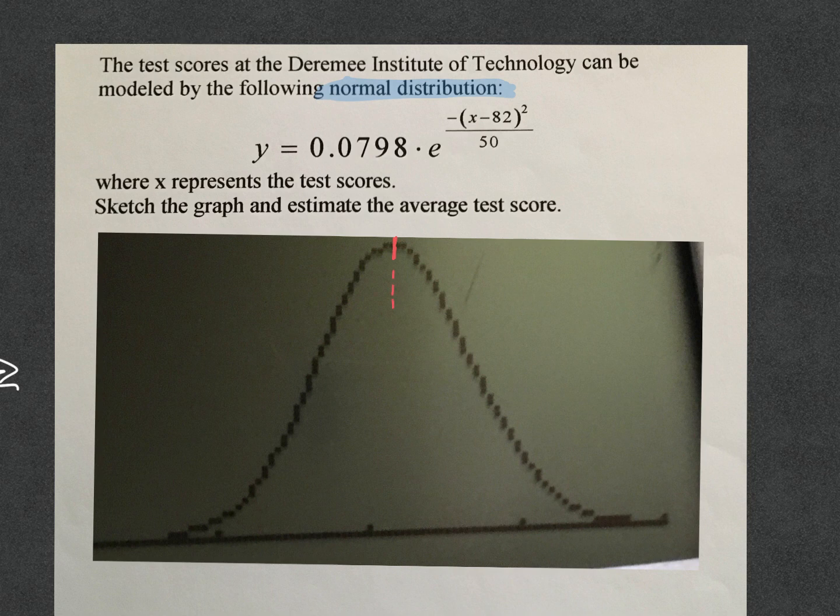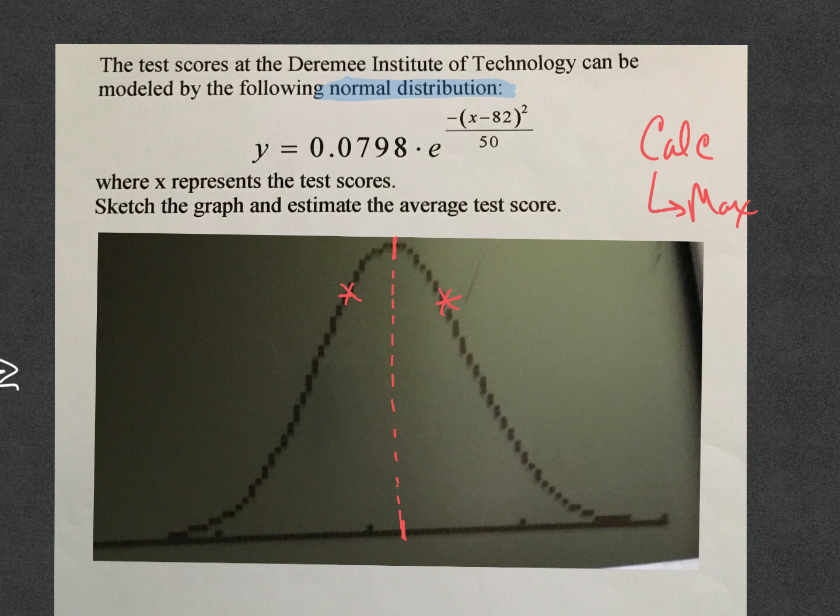The average, if you remember from algebra class, is always going to be at the high point of the bell curve. So what you can do is tell your calculator to do a calc, and then under calc, choose max. Remember, this is the one where you pick a point on the left side of the hilltop, pick a point on the right side of the hilltop, and skip the guess.